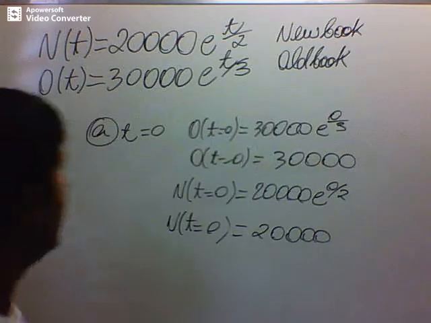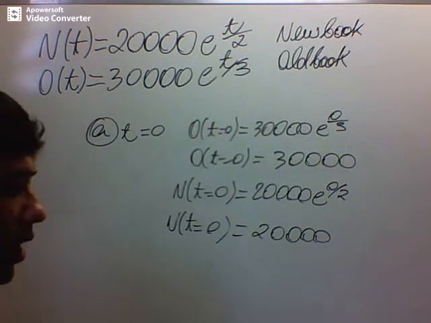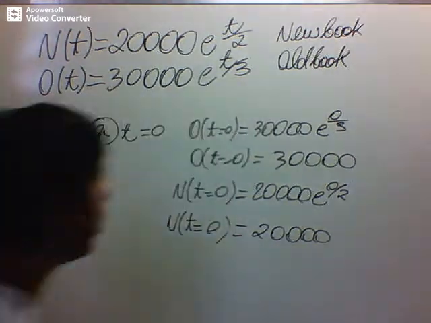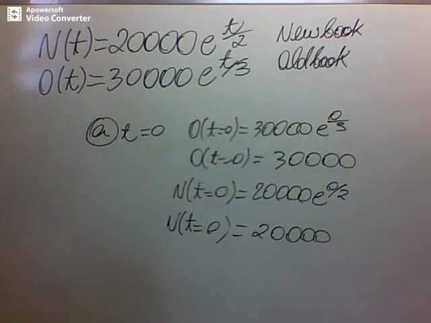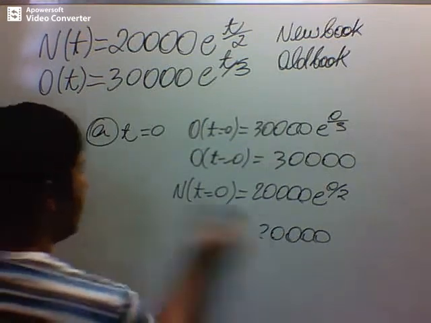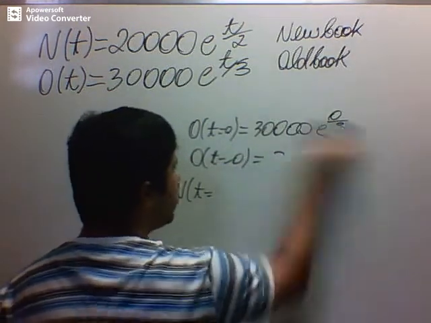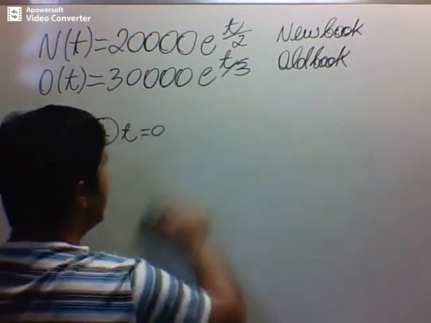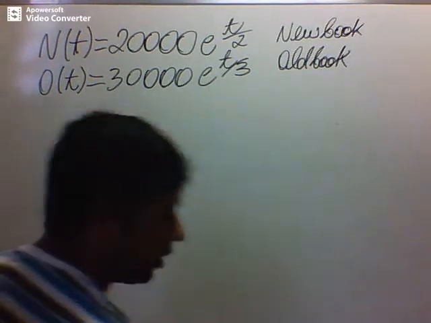Alright, my friends, we want to calculate one more thing. I can invent something for us to calculate. I wanted to find the value of N of t after 1 year. After 1 year, let's see what is going to happen.